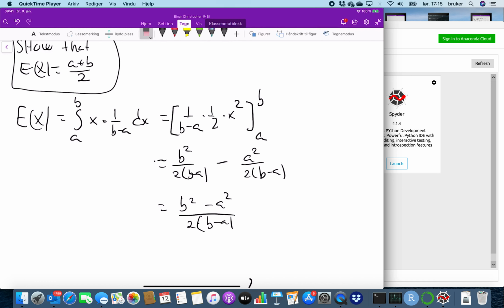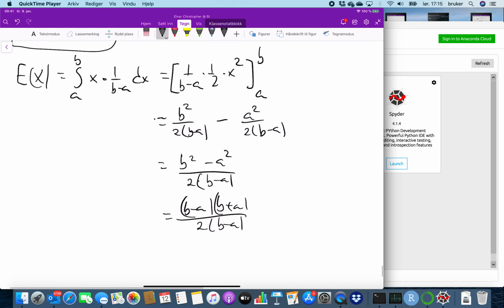And this is b minus a, b plus a divided on 2 times b minus a. So then I take this one against this one, and we get the result we wanted, b plus a divided on 2, which is the expectation of the random variable x, or a plus b then.